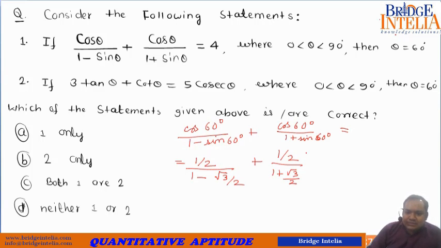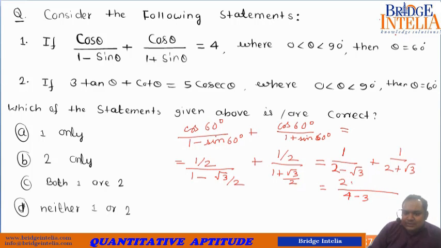So this 2 and this 2 get cancelled. So this is actually equal to 1 by 2 minus root 3 plus 1 by 2 plus root 3. If you solve this, the denominator takes the form of a square minus b square, so 4 minus 3.